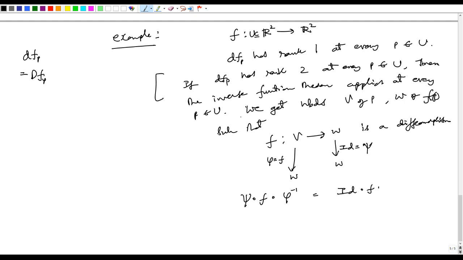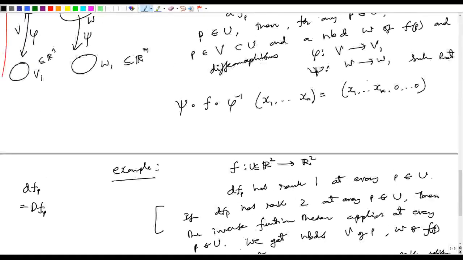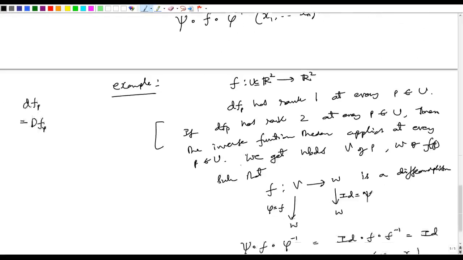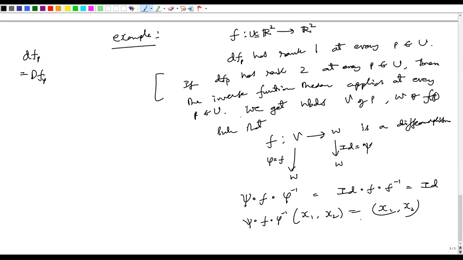Identity composed with F composed with F inverse equal to identity. So obviously, in a very trivial way, x1, x2 will be equal to x1, x2. So when the rank is 2, these diffeomorphisms P and C are not really that interesting. They don't even make an appearance. It's just F itself. I can use that.